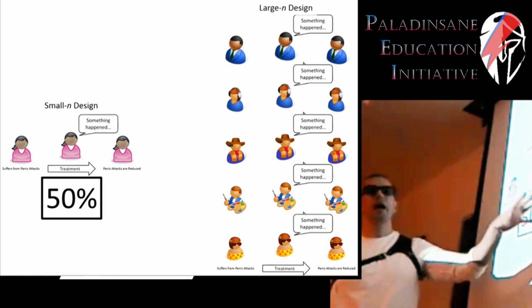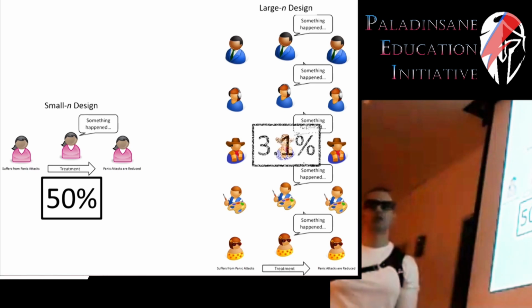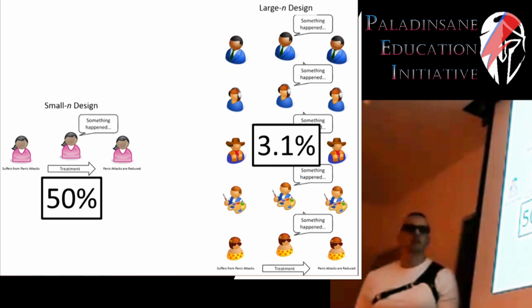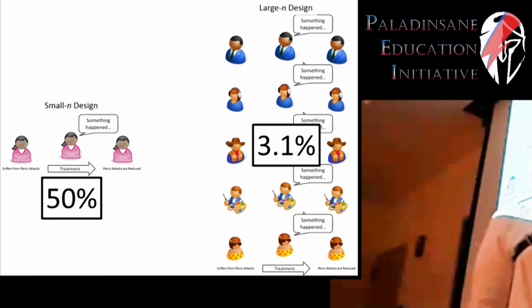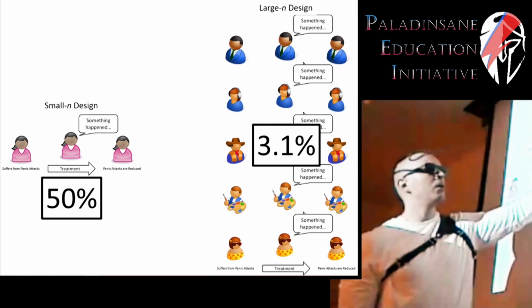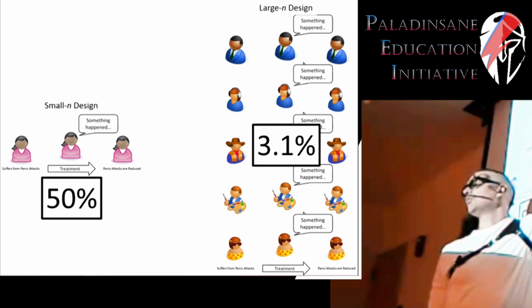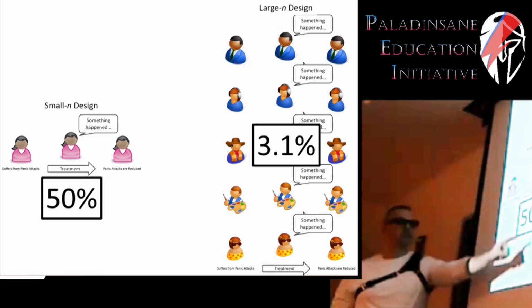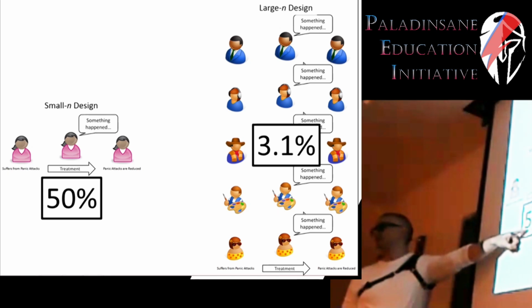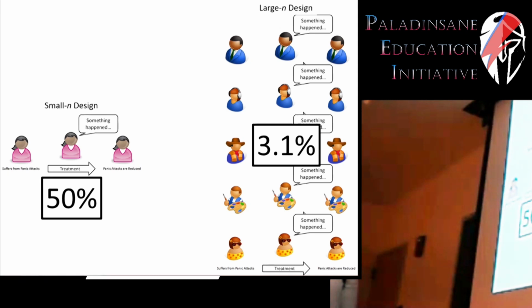The chance that it would happen to 5 distinct individuals is only 3.1%. So if you see that panic attacks are reduced in a sample of 5 subjects, you only have a 3% chance that something else happened to all of them, whereas you might have a 50% chance that something else happened to a single individual. And this is only for 5 subjects.